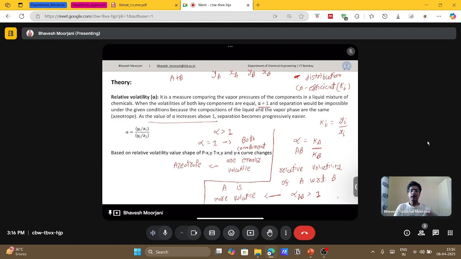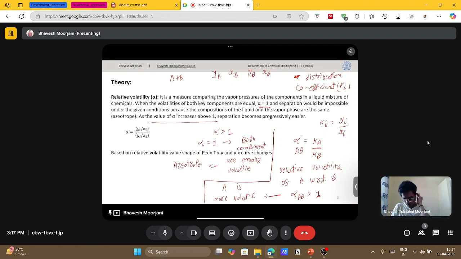Because both components have the same relative volatility. That means on increasing the temperature, both components will evaporate and go to the vapor phase, so you don't have room for separation. So when we have azeotropic components present in our distillation feed, distillation alone is not sufficient for the separation. Then we have to look for other methods such as extraction, or extraction combined with distillation. Now based on the relative volatility value, we get the Px, Tx and Yx curves.